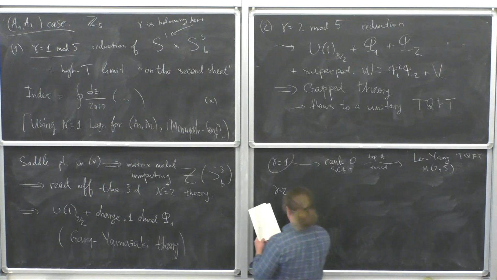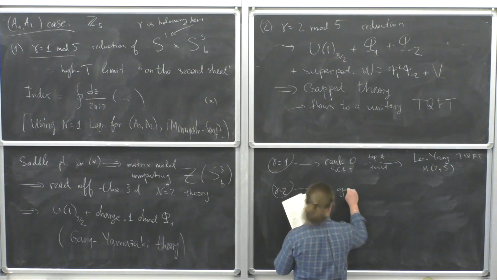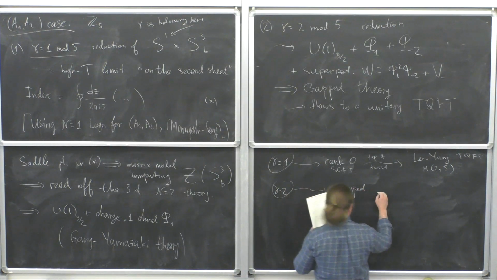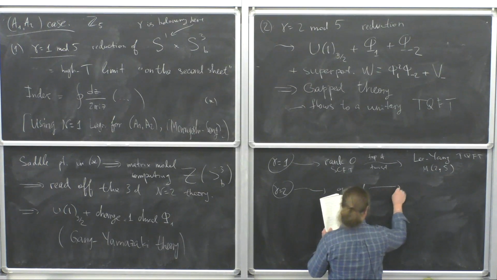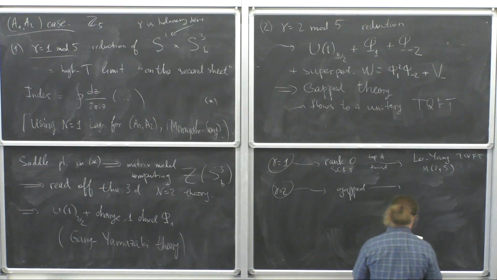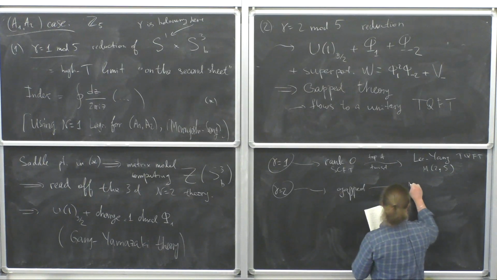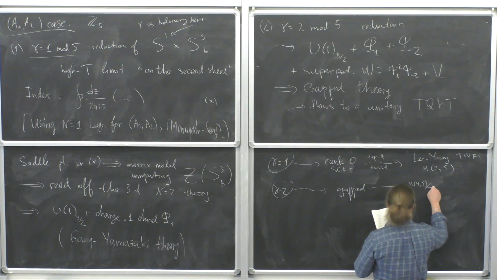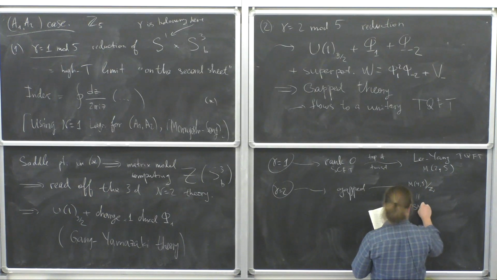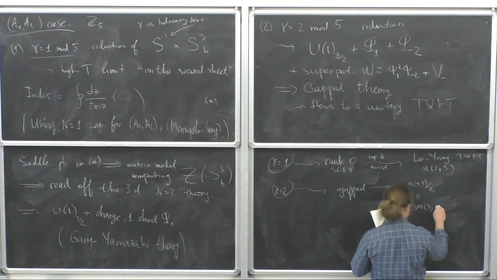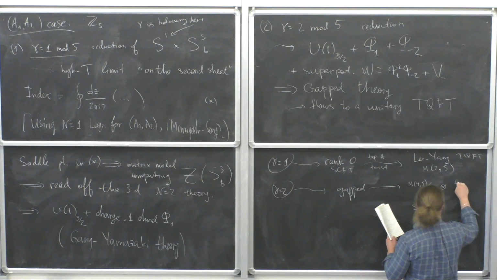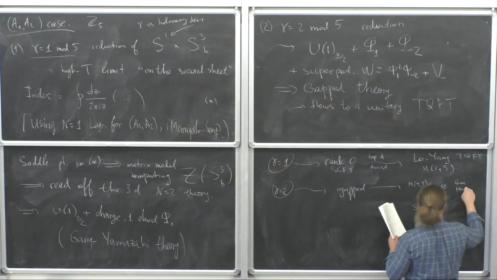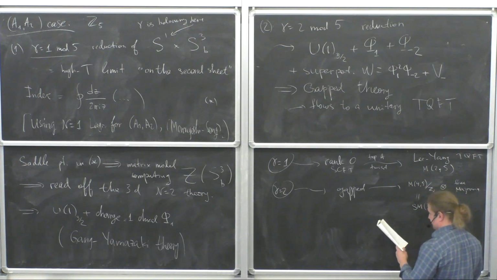On the other hand, if I do gamma equals 2, I get actually a gapped theory, which then automatically flows to a TQFT. In fact, this TQFT can be identified as some fermionized tricritical Ising model, which happens to be the same as the N=1 supersymmetric minimal model (3,5), tensor a free Majorana fermion.